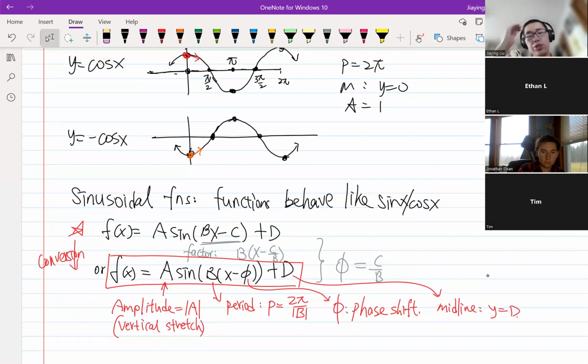So those are the 4 terms that we can get from the formula if we put the formula in the correct form. They're very important because they help us graph any function, sine or cosine, doesn't matter. Here we have sine, but it could be cosine. Everything looks the same. If we want to graph something in this form, it's very easy if you have all those 4 parts listed out.